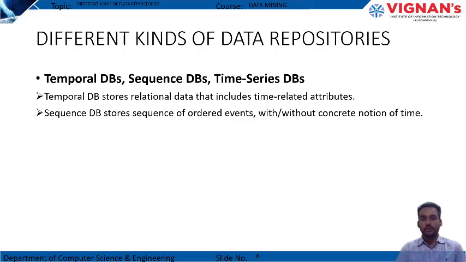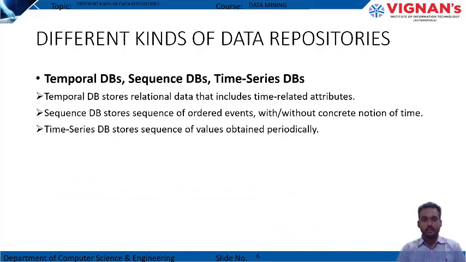You will not know whether it occurred at 9 p.m. or 10 p.m., but you know that it has some sort of order. And then you have time series databases where you extract information periodically, let's say every 1 year or every 2 years and so on.